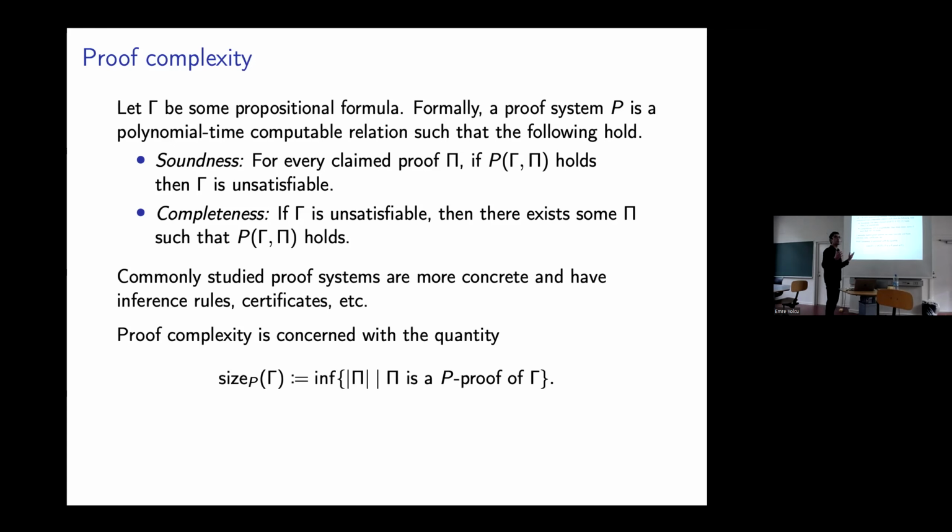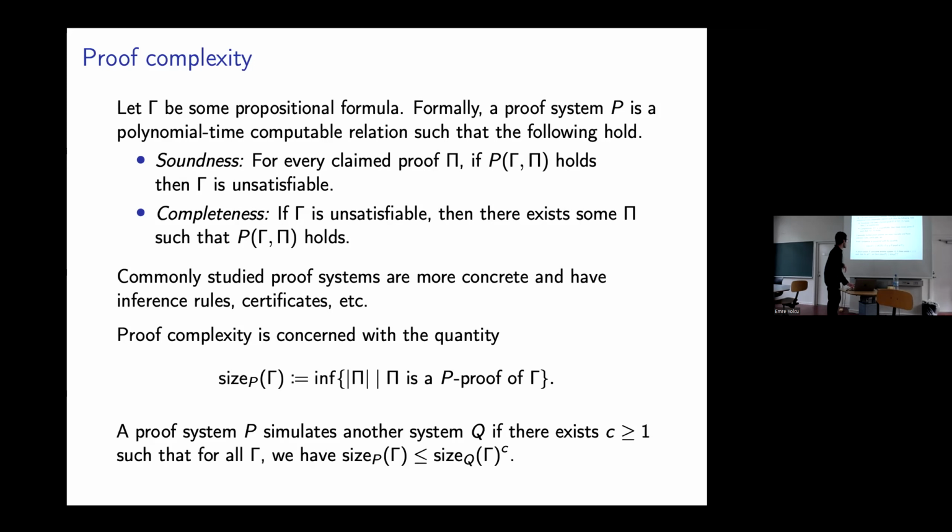So if there exists a proof system with short proofs for every single unsatisfiable formula, that's the main question of proof complexity. Although not all lines of research in proof complexity necessarily work towards settling that question.